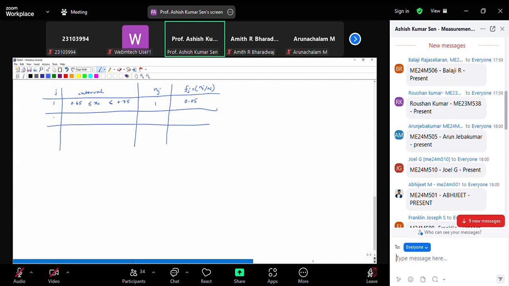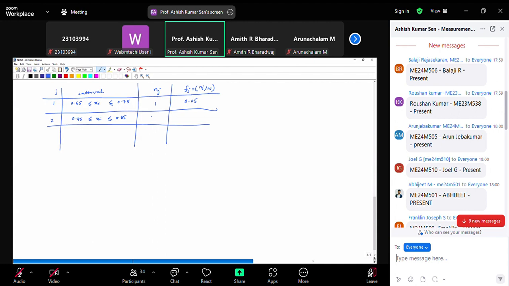Now the second, j equal to 2: 0.75 less than or equal to xi less than or equal to 0.85.